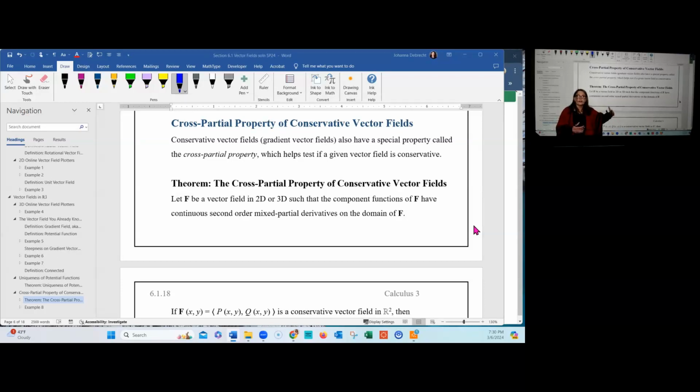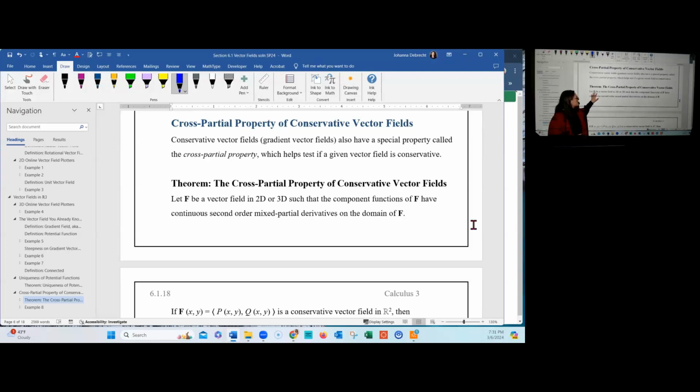If it's conservative, it must have this property. But that doesn't mean that because it has the property, it must be conservative. But we can use this to prove a vector field is not conservative by showing it does not have the cross-partial property. Let's take a look at the theorem.